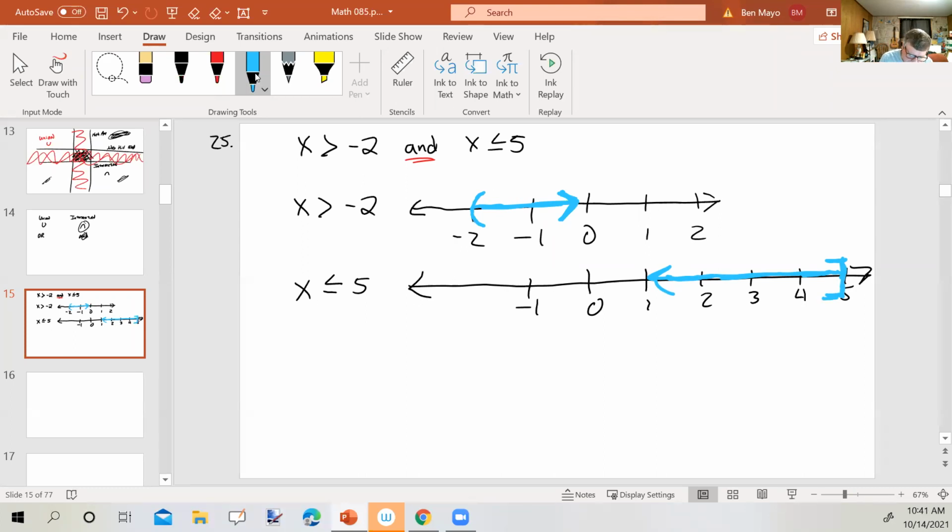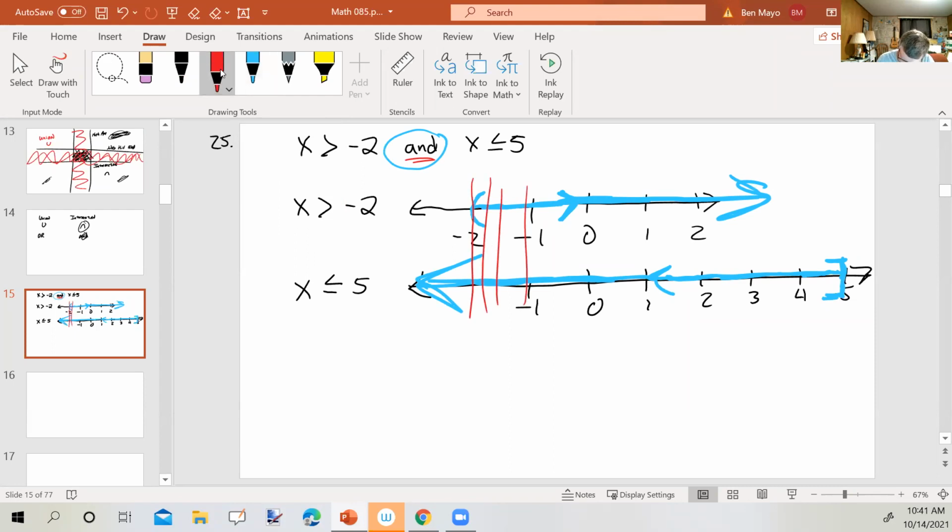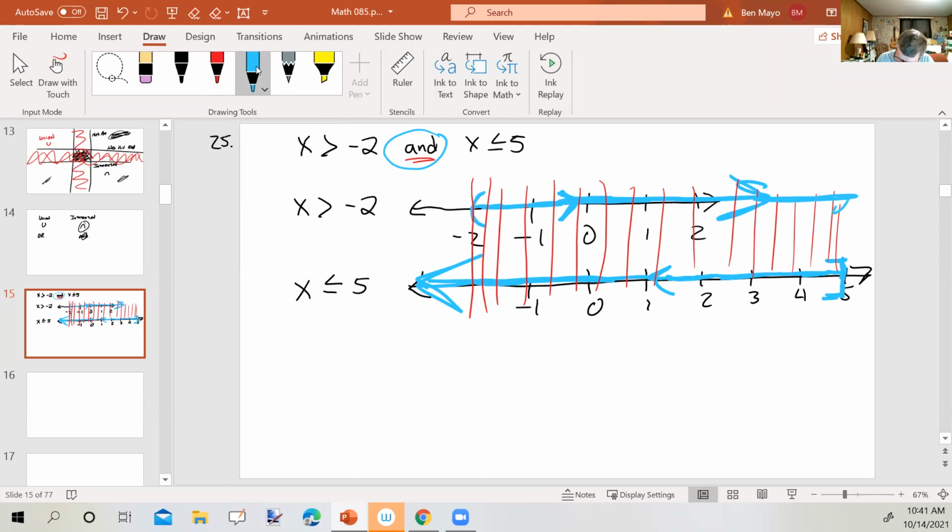But we want the intersection. We want to know what they have in common. Now keep in mind that this continues on and this continues on. Okay. So where do they overlap? Well, from here to there. Here, let's extend that even further.